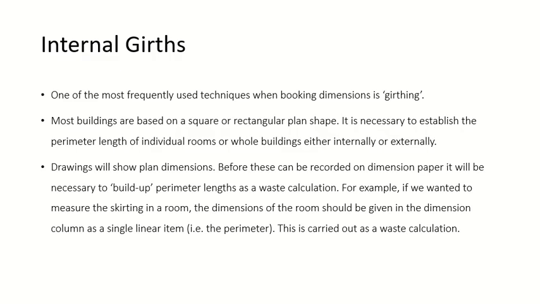So you will do some waste calculation for establishing the girth length. To get the final length, you do some preliminary calculation, plus or minus something, to get the final length. One of the most important waste calculations is girthing, finding out the perimeter. As I said, this will help you later on to calculate many things.